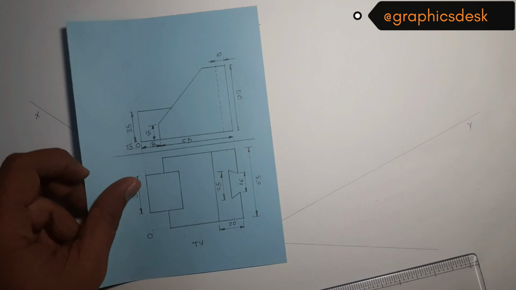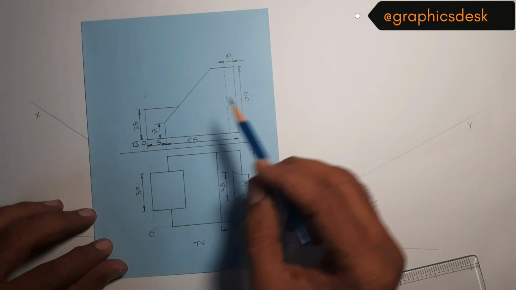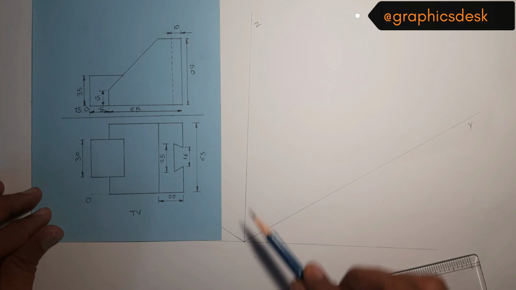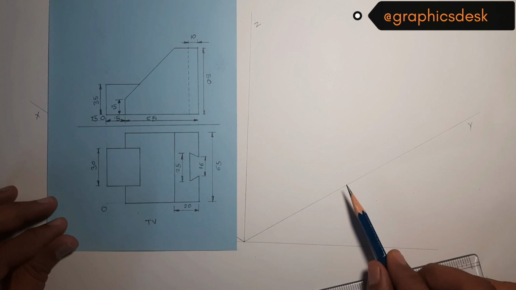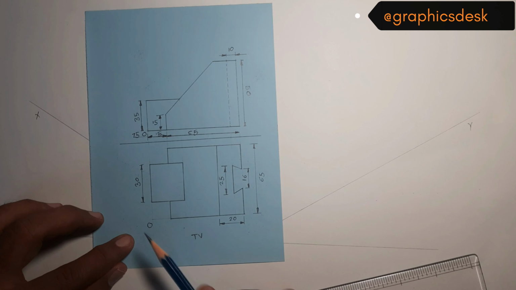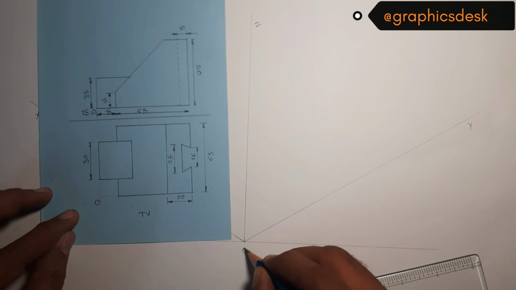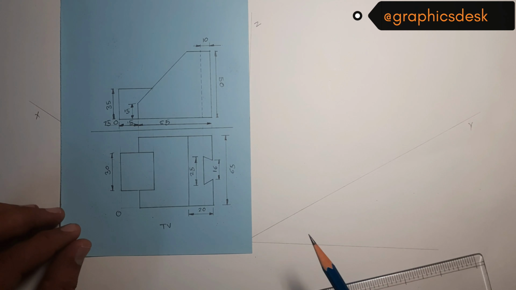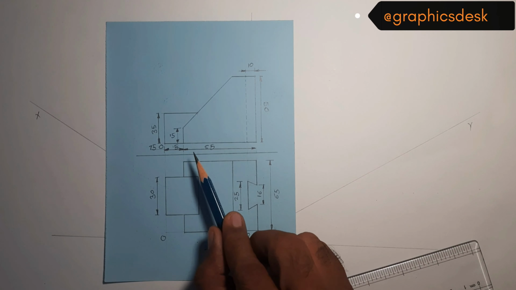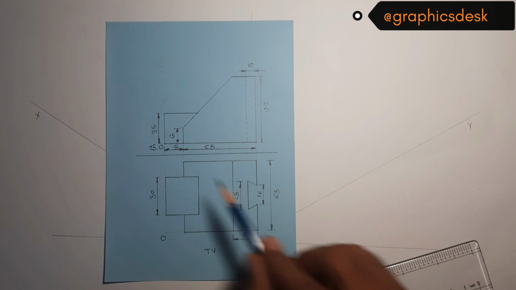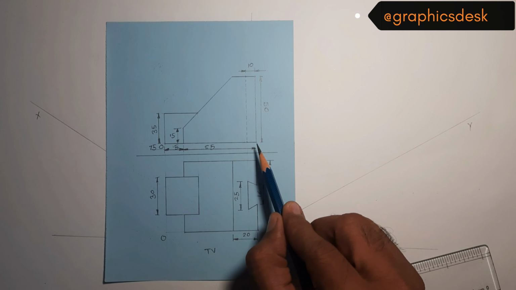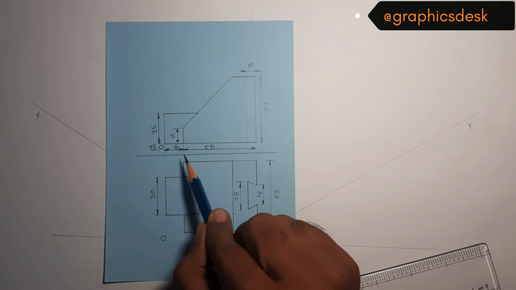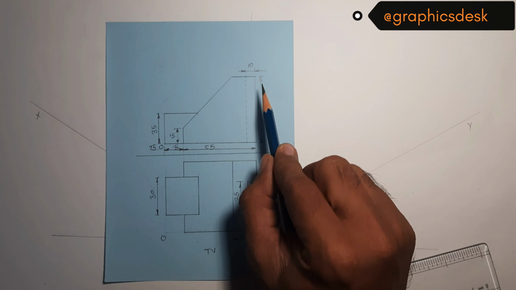So what we have here is this will be our view which will be in the YZ plane, as this is the origin which we have here, and this part will be visible in the top view. So the extent of the object in the Y direction is 80 mm, and then we have height of 50 mm. So it will be contained inside a rectangle of 80 by 50.